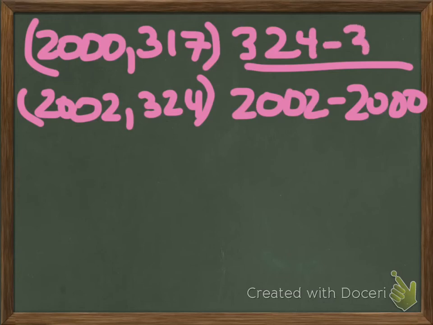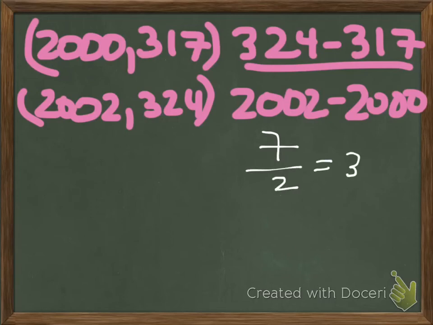Notice that I tried to make it positive, so since I started with 2002 for my x values, I also needed to start with 324 for my y values. So 324 minus 317 is 7 over 2002 minus 2000 is 2, so 7 over 2, which is 3.5. So that's my first set of rate of change.